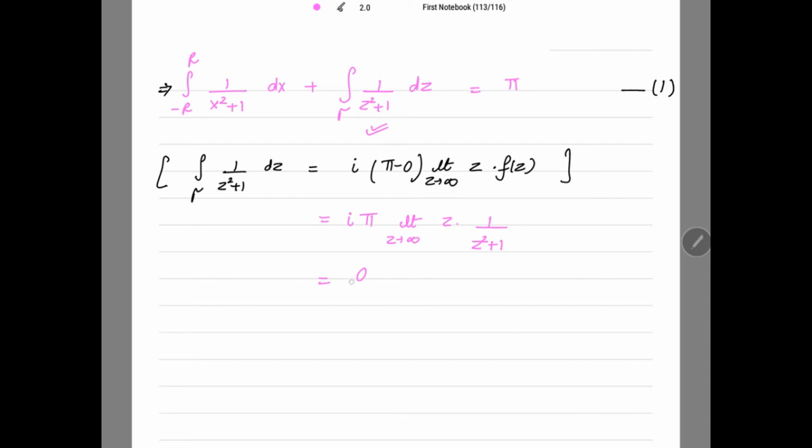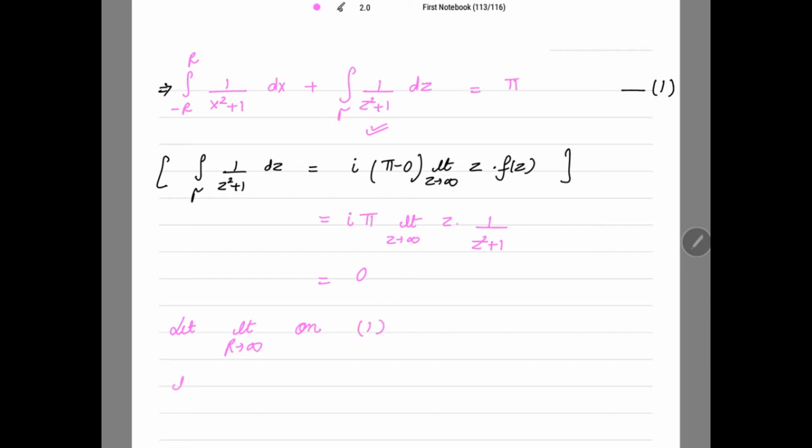Now putting this value over here, and because we need the given integral from minus infinity to infinity, I have to take this r very, very large. So let's take the limit r tends to infinity on this one.